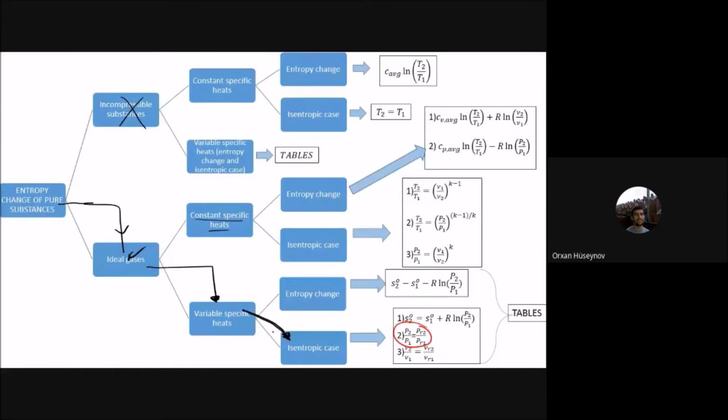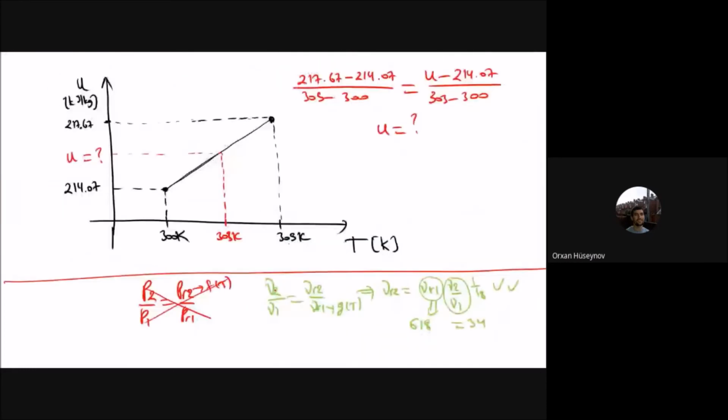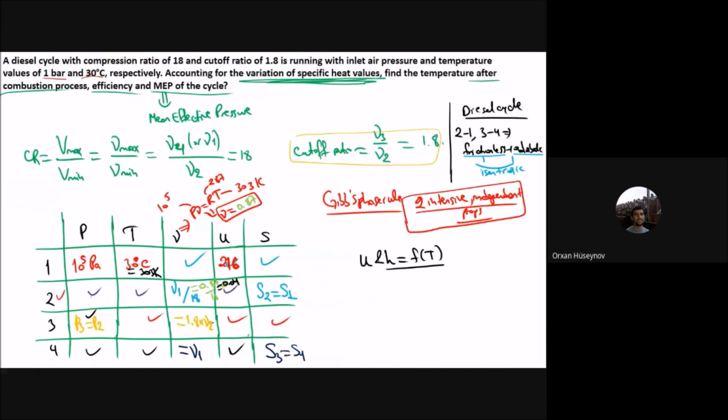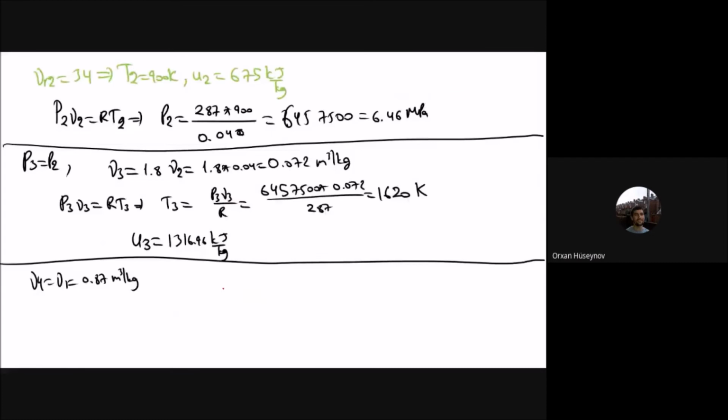For those isentropic relationships, I can use the formula here. You can see the specific volume ratios. Since I'm looking at states 3 and 4, they are in isentropic relations. Therefore, I can write that nu4 divided by nu3 will be equal to nu4R divided by nu3R.